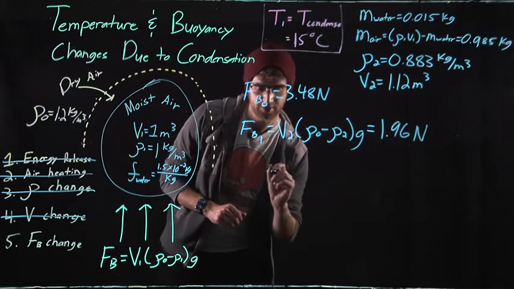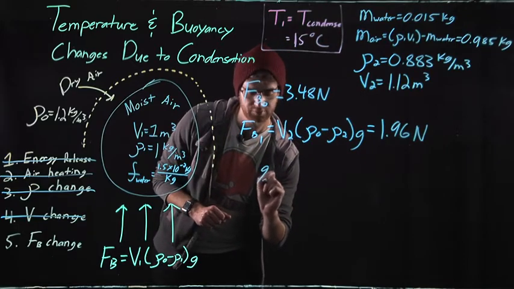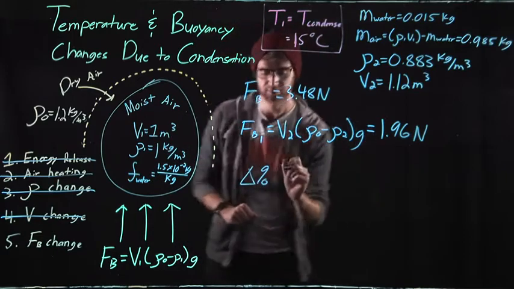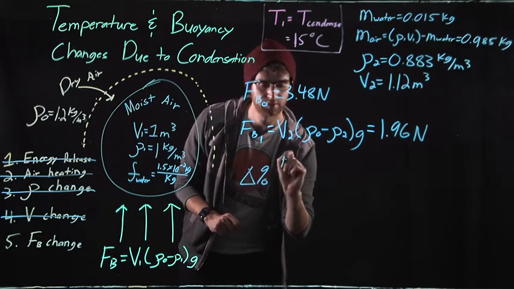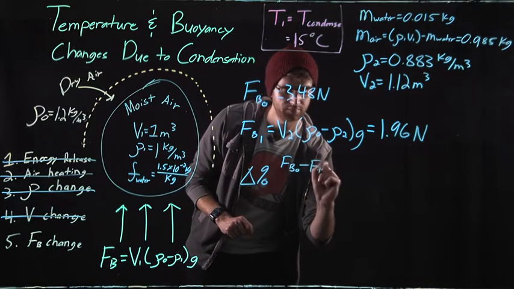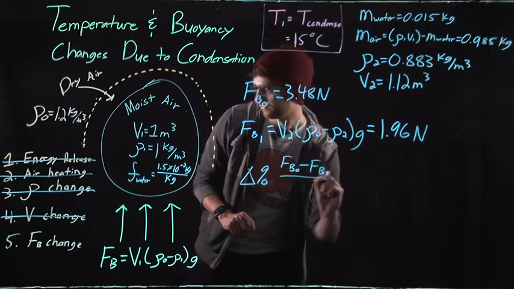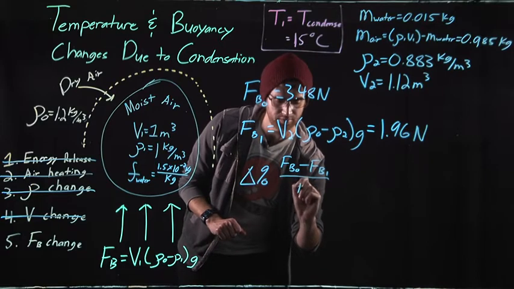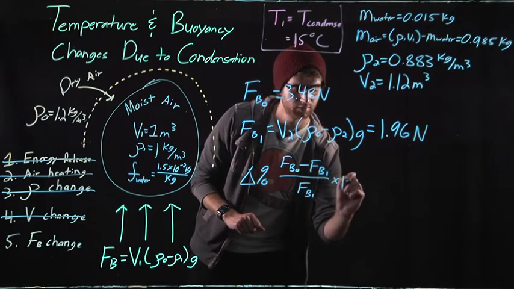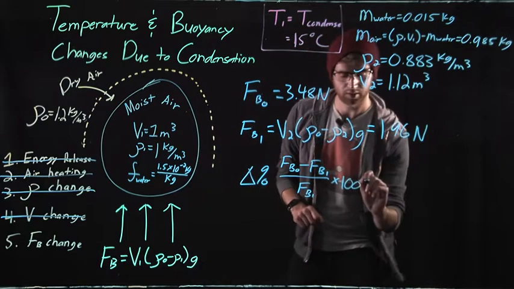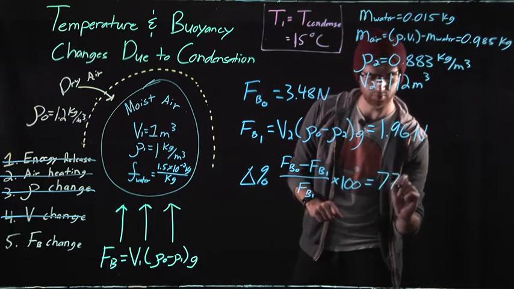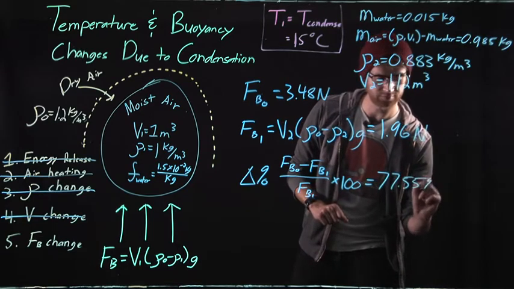Okay, so how have things changed? Well, the percent change, let's call this delta percent. The percent change equals FB naught minus FB1 divided by FB1 times 100. And the factor is 77.55%.